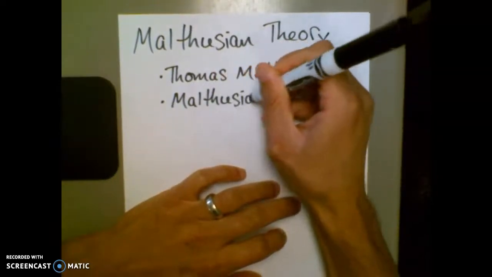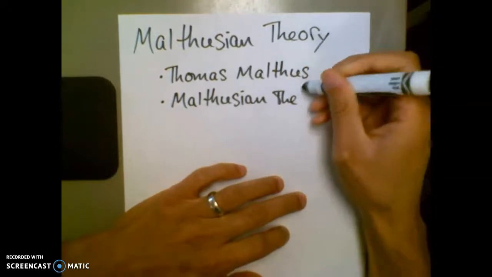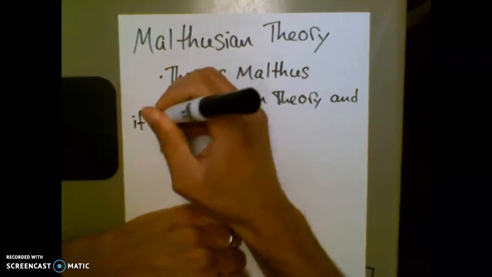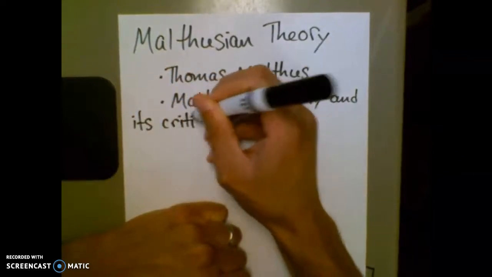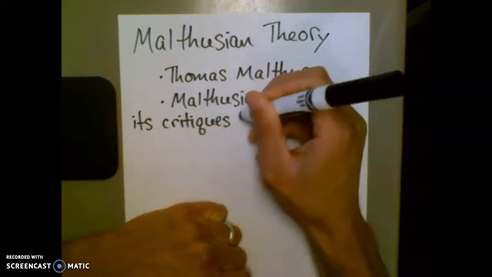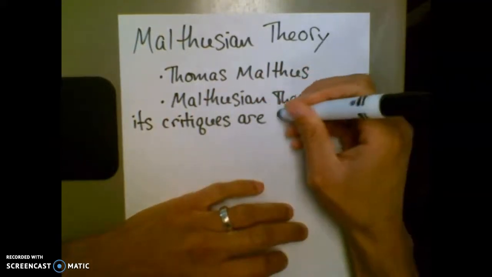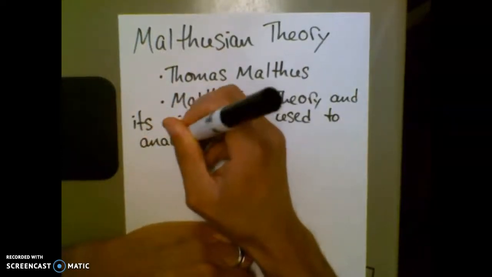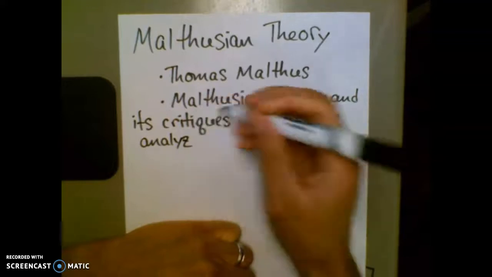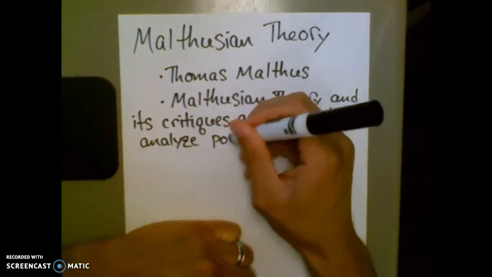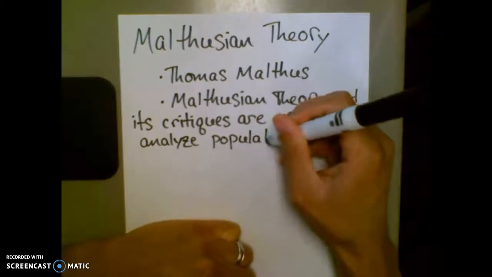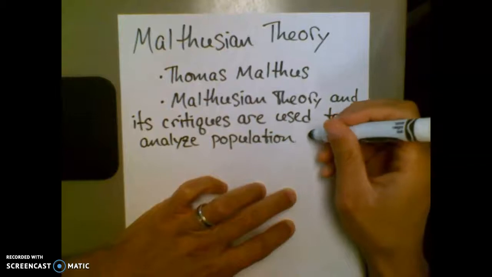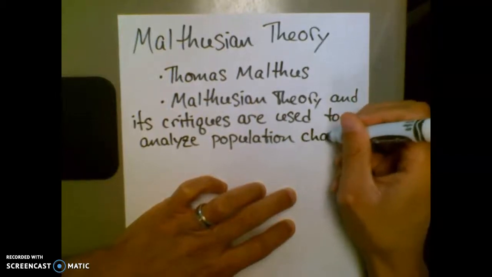Malthusian theory and its critiques are used to analyze population change, which for the most part means growth, but it could mean the opposite, population change and its consequences.